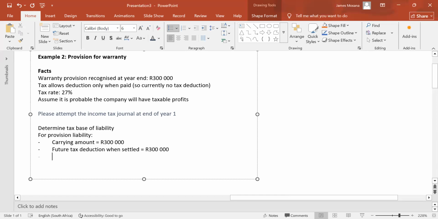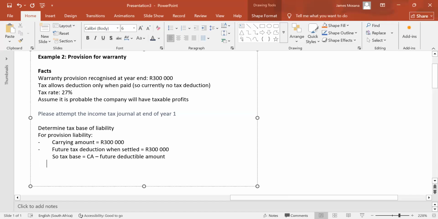So what does this mean to us? Basically, the tax base of this particular liability would be the carrying amount less the future deductible amount.